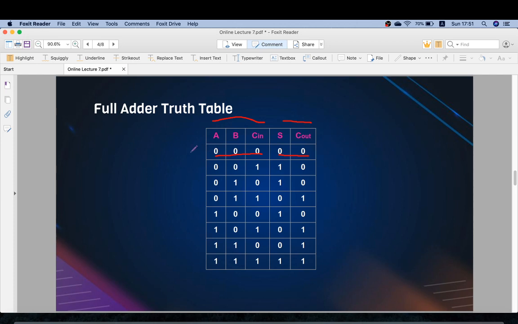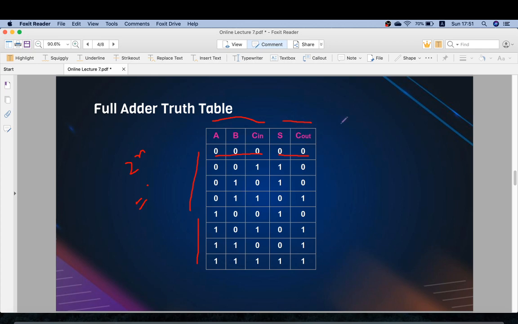How we make this truth table is the same old 2 to the power n, where n is the number of variables we have. So we have three variables in this, so the number of cells we use is 2 to the power 3, that is 8.